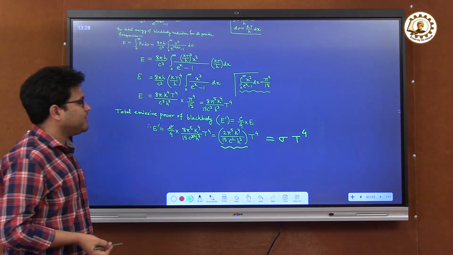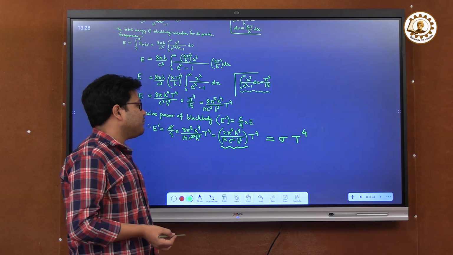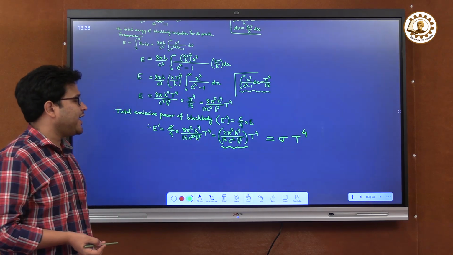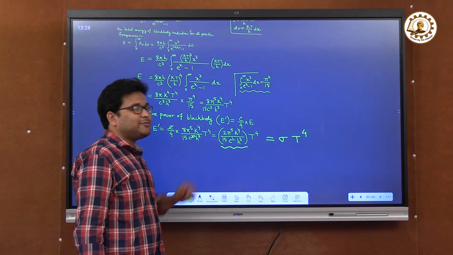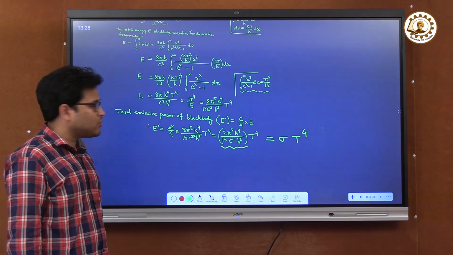This quantity is nothing but Stefan's constant. If you put the values of the Boltzmann constant, velocity of light and h in this expression, you will find that it is numerically the same as Stefan's constant.